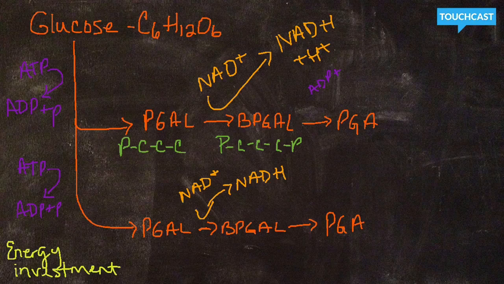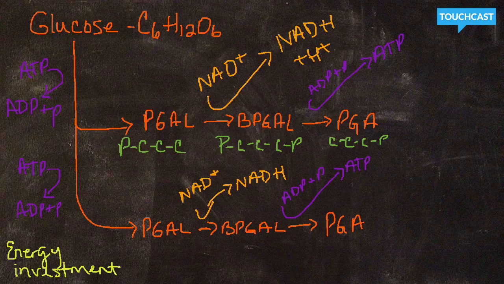This is really hard to draw, all of this on one little screen. And now you get your ATP. Same thing happens down here, ADP plus P, and that is going to be kicked out as ATP. And PGA is 3 carbons with a phosphate as well.